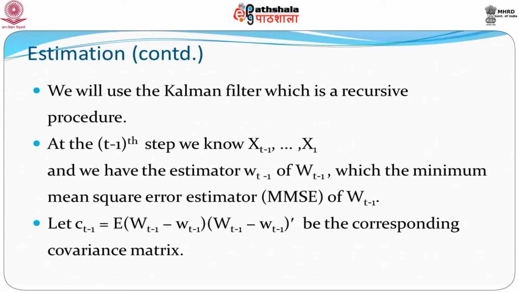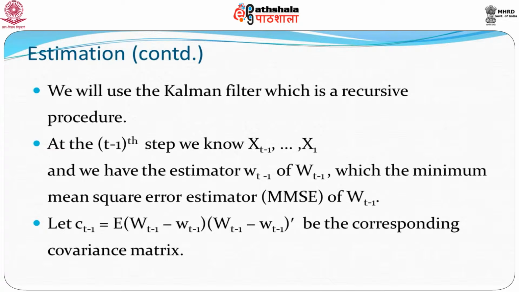So, assume that at the t minus 1th step, since we are given x t minus 1 up to x 1, we have the estimator w t minus 1 of capital W t minus 1. So, given the past observations up to time t minus 1, suppose we have small w t minus 1, and this is the minimum mean square error estimator of capital W t minus 1.